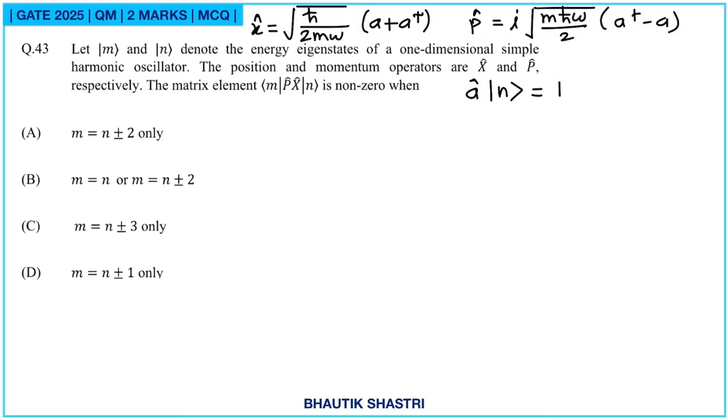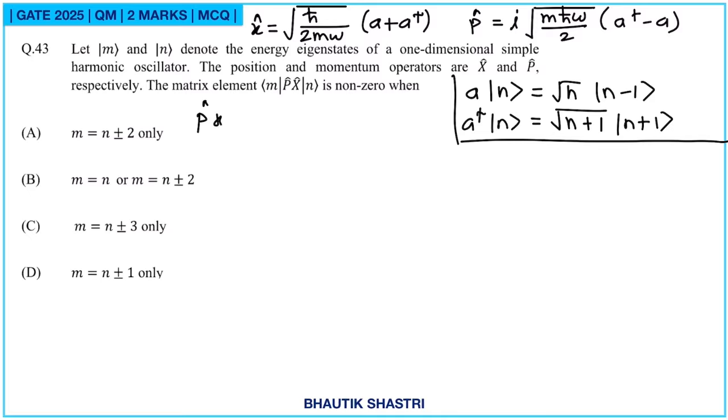So a operated on |n> will give us under root n |n minus 1>, and a dagger is raising operator. This will be under root n plus 1 |n plus 1>. So let's first calculate p cap x cap.